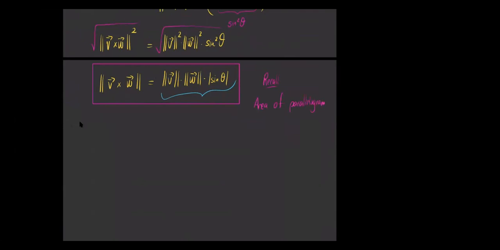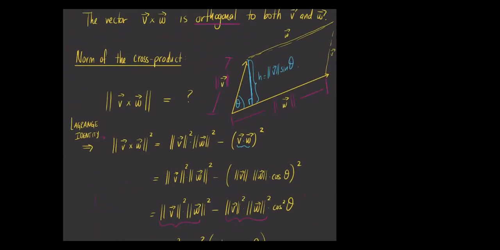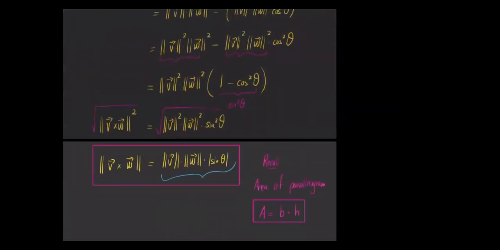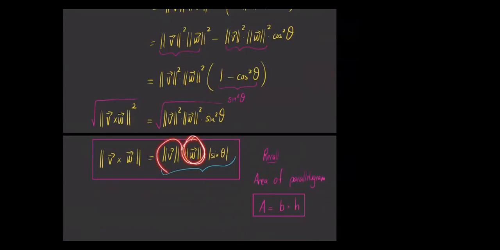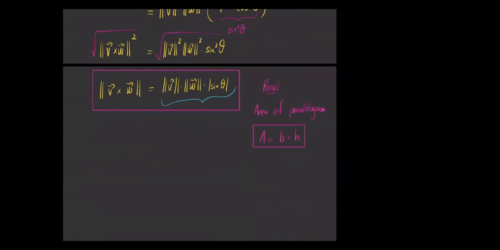It is equal to what? Length times width. Yeah, and usually we write base times height. It's the base of the parallelogram, which would be here, times the height of the parallelogram. So the length of the cross product of v and w, the length of that vector that we find that's orthogonal, is exactly the area of the parallelogram spanned by both vectors v and w.